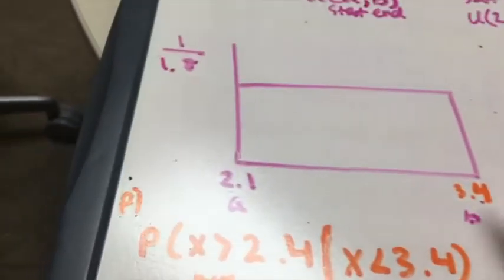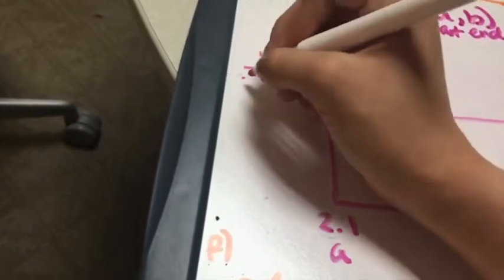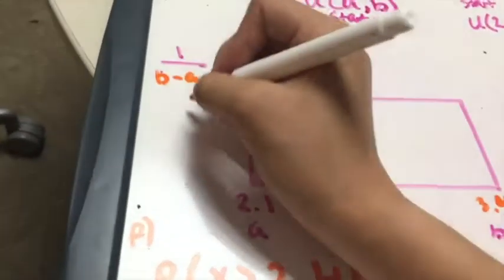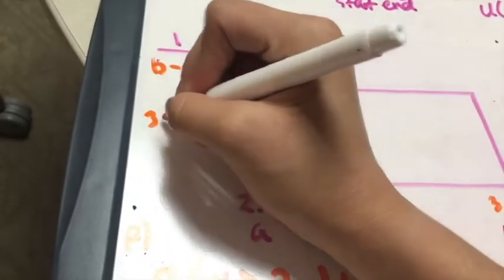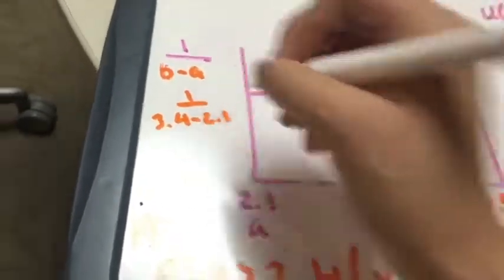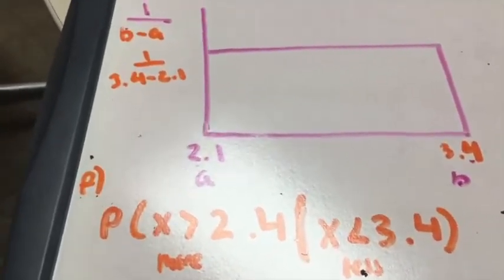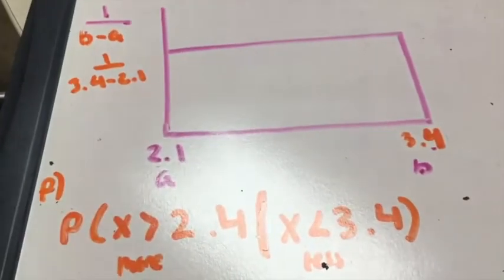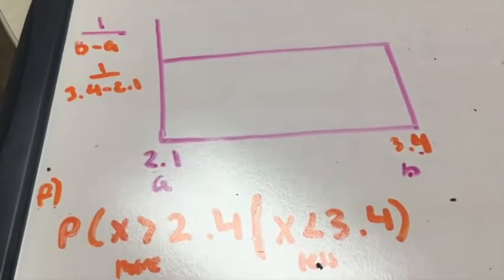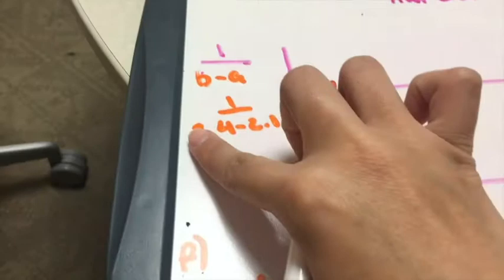And since you have a new b, you have a new 1 over b minus a. So 1 over 3.4 minus 2.1, and that is 1 over 1.3.